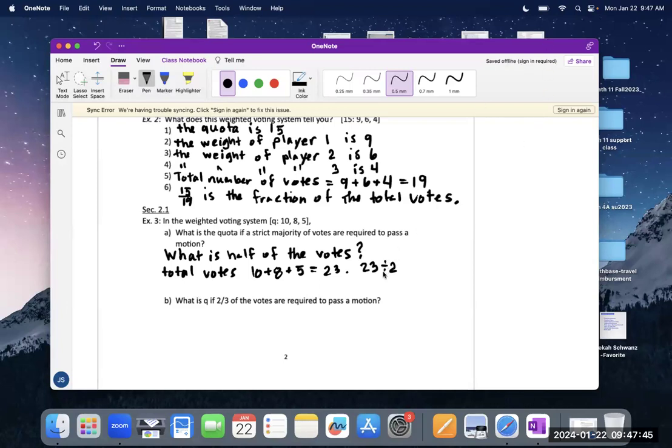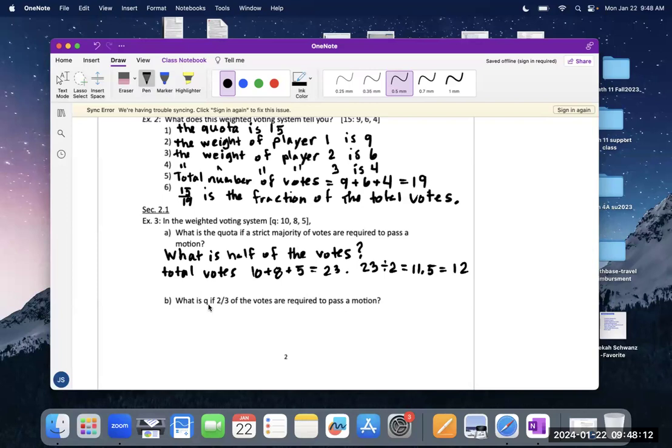Oh dear, so 22 divided by 2 would have been 11. So it's 11.5, which we would round up to 12. We can't have a partial vote, right? So 12 would be more than half. So our quota here, if we set the quota to be a majority, which is more than half, would be 12.